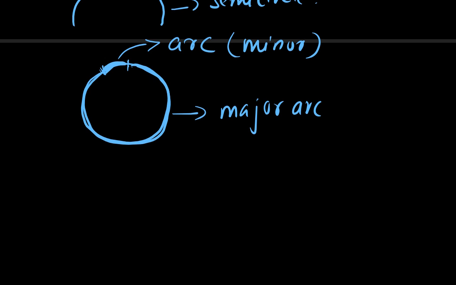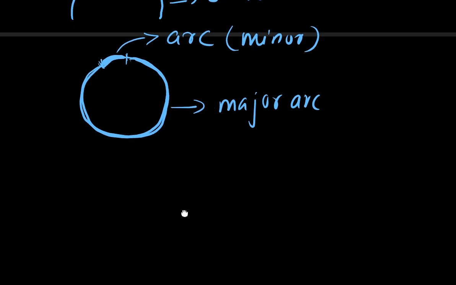So we can say an arc is a part of the circumference. The smaller arc is called the minor arc and the larger arc is called the major arc. Arc can be classified into two: major arc or minor arc.